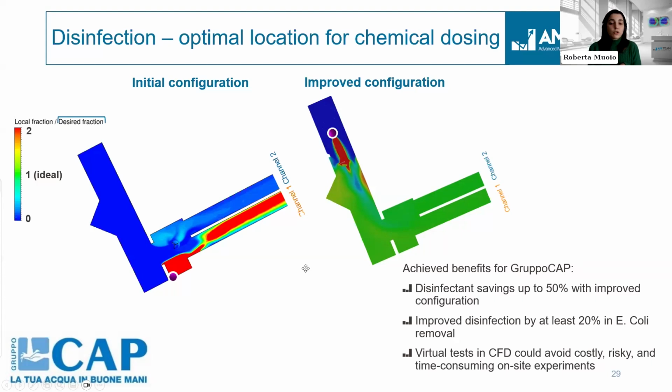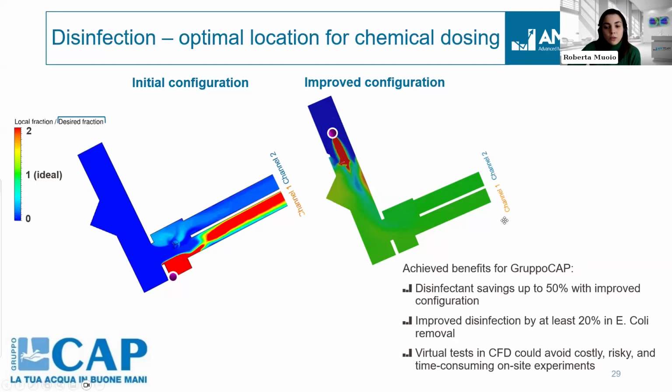With the improved situation, we can see that it's very nicely improved. So it's green in both channels, which means that the chemical split between the two channels is very close to the ideal situation.